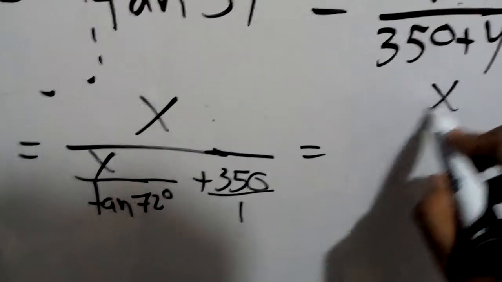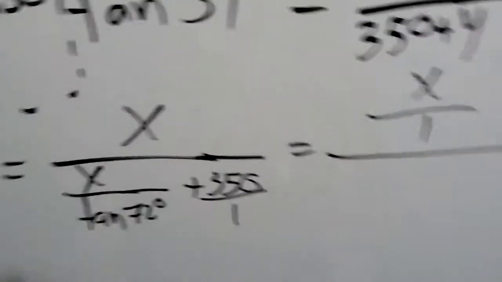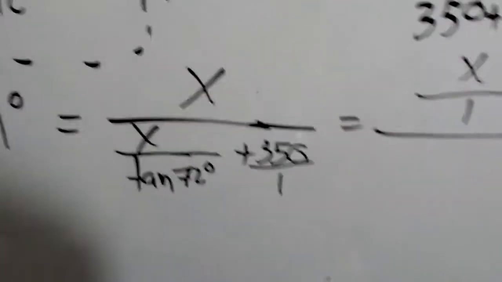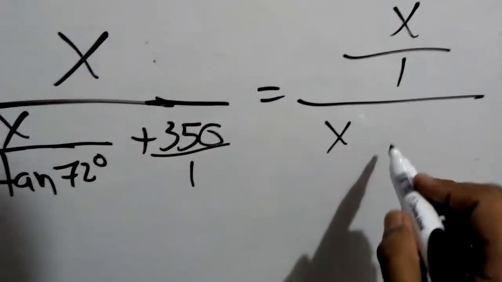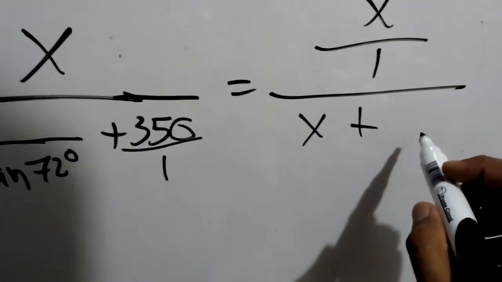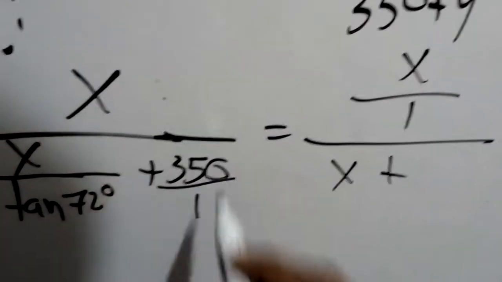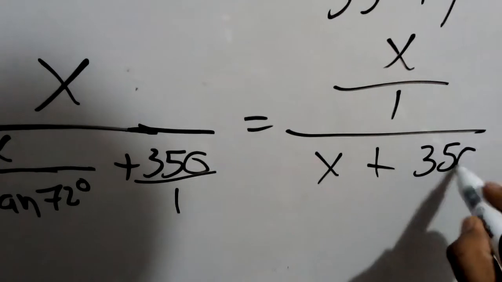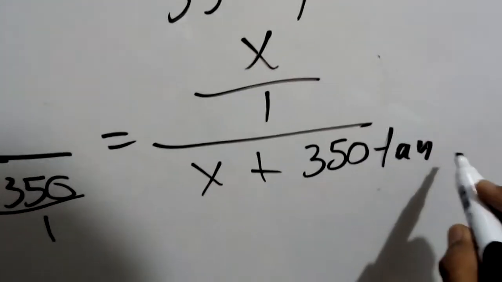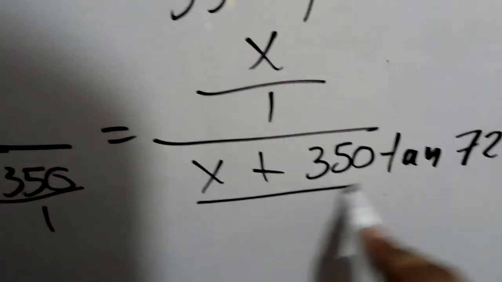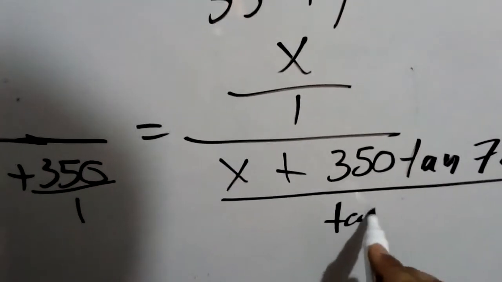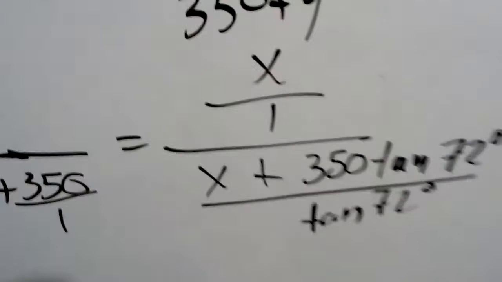So just write it like this: x over 1 over, and let's make this addition. It's x plus 350 times the tangent of 72 degrees, over the tangent of 72 degrees, just like that.